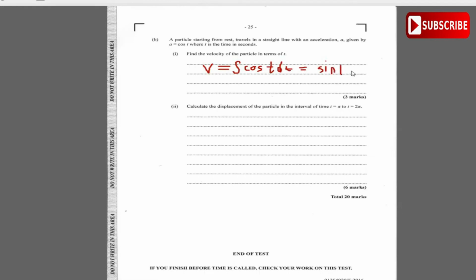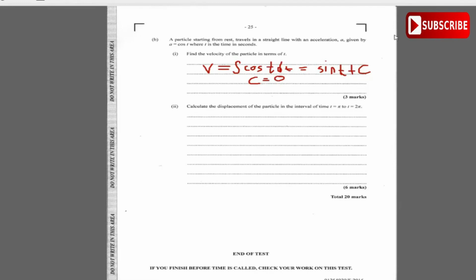Now we need to find that constant. Let's call it plus c. Now, what is this constant? It said that it started from rest. So if the particle starts from rest initially, when v is 0, t is 0. So clearly the constant is going to be 0, because it started from rest.